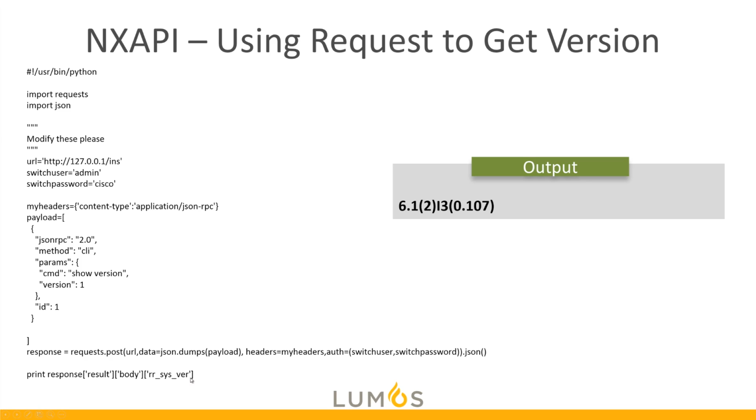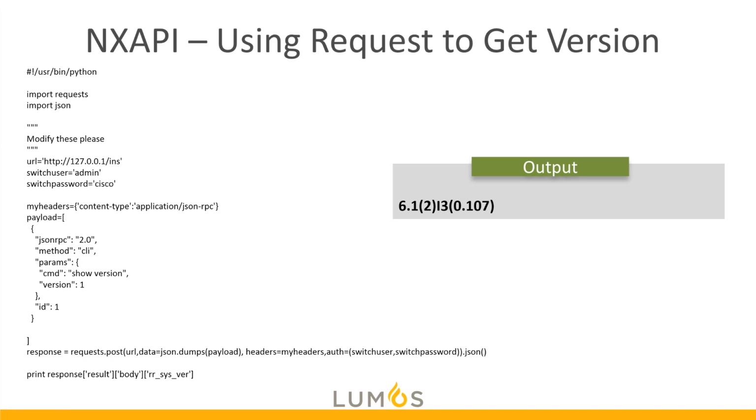I'm not going to go too deep into this, but this is basically calling out various subcomponents of the JSON return data, which is effectively a dictionary, and we're calling various keys. So the result, the body, and the RRSysVer, or system version, as keys, and then it would return their values.